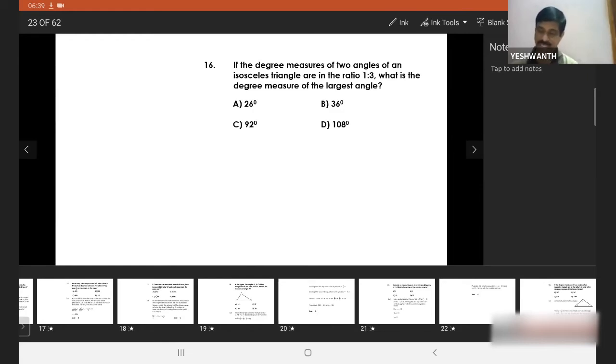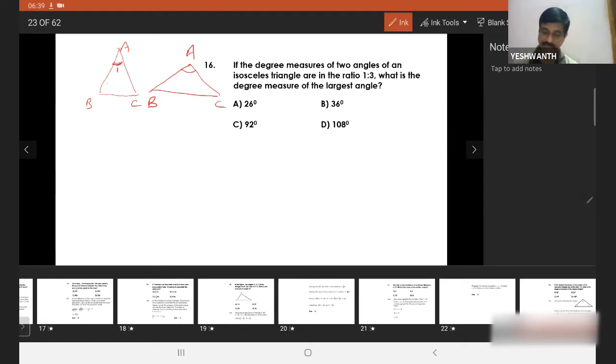Now the question arises, should we take a triangle like this or like this? Can anyone tell me what is the difference? See, if I take it like this, and call it ABC, angle A is the smallest angle.